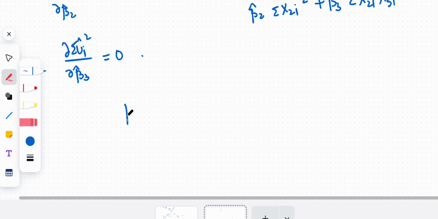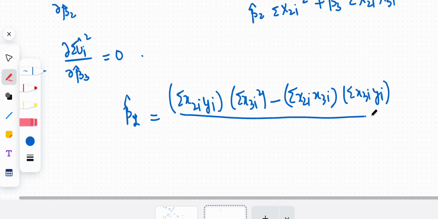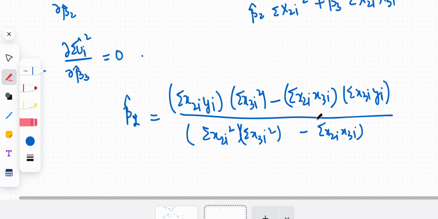Now solving these will bring me my actual estimators of beta 2, which is summation x2i yi, summation x3i whole square, minus summation x2i x3i, summation x3i yi, upon summation x2i square, summation x3i square, minus summation x2i x3i whole square.